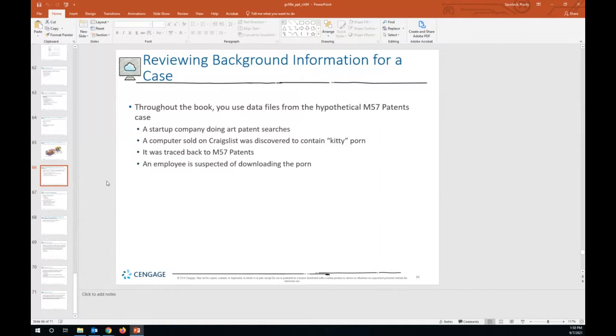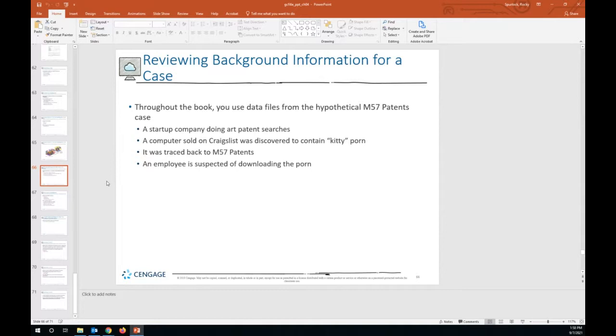All right, so in the book, we use data files from the hypothetical M57 Patents case. This is a startup company that does art patent searches. The computer that they had was sold on Craigslist and was discovered to contain child pornography.